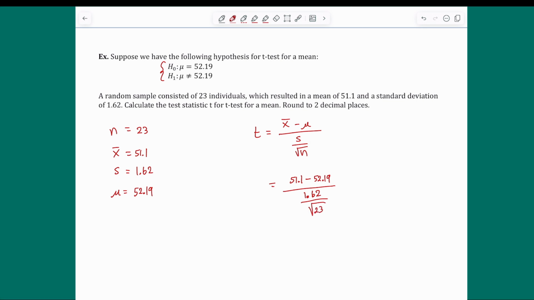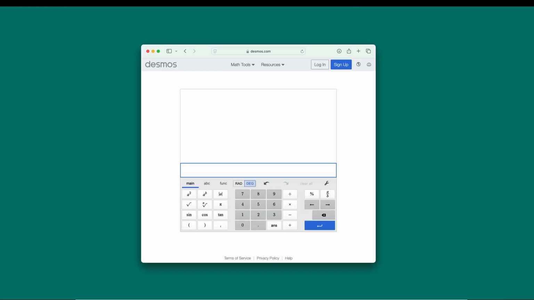Now we need a calculator, and I'm going to go ahead and use Desmos. Here's Desmos. The t-score or test statistic here is a fraction, right? We have 51.1 minus 52.19, and then we're dividing by the fraction 1.62 all over the square root of 23.